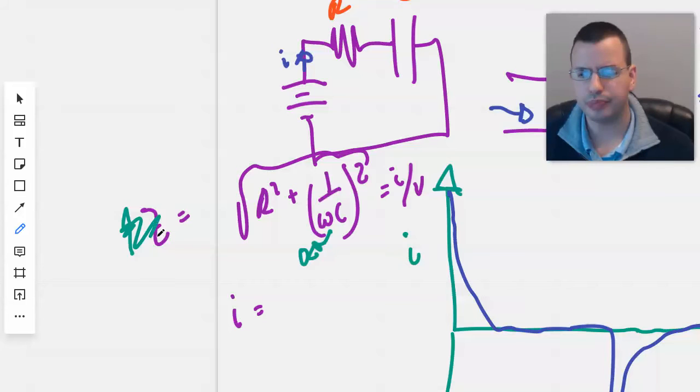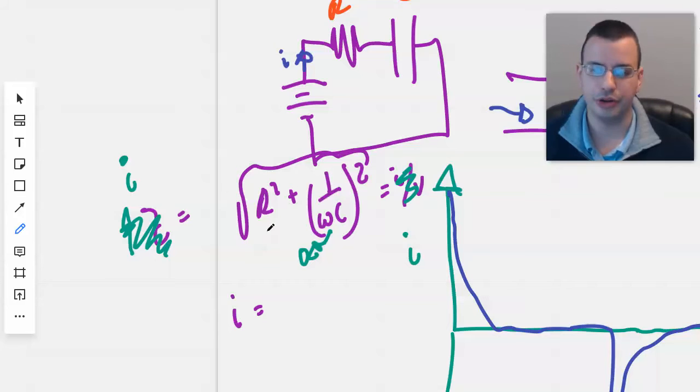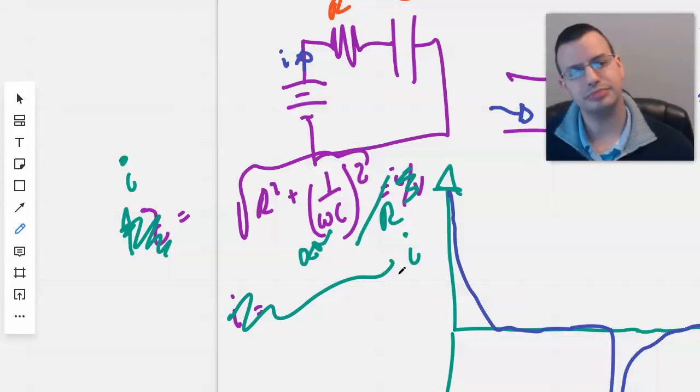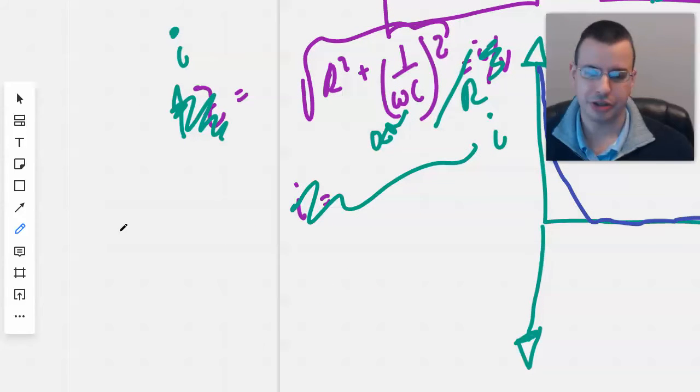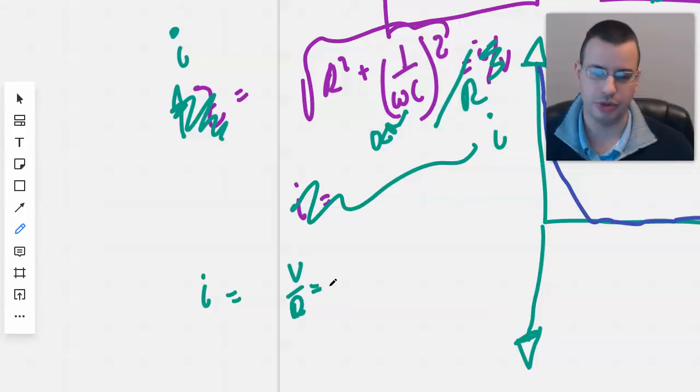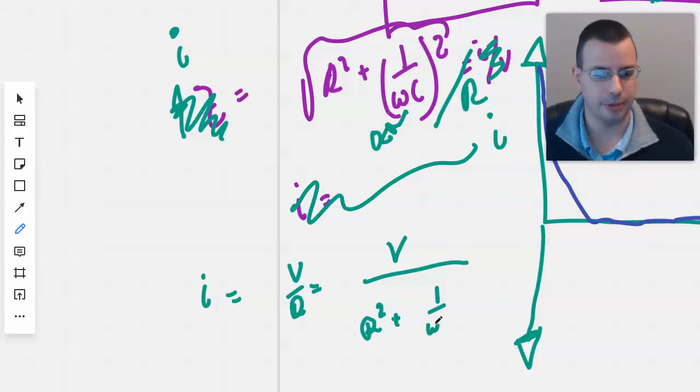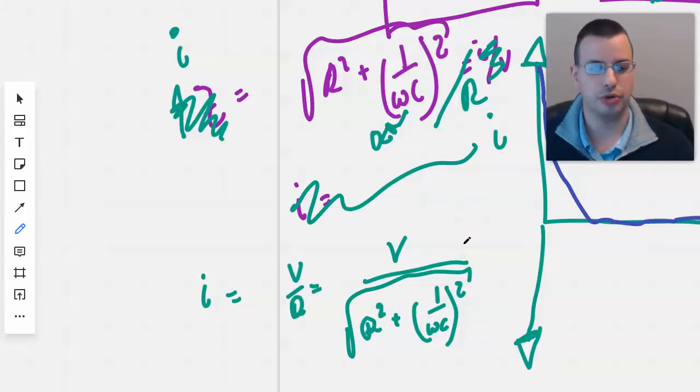I'm going to write this more as I equals voltage over impedance. I can redo this better. So I equals V over Z, which equals whatever our DC voltage is over the square root of R squared plus 1 over omega C squared. There we go.